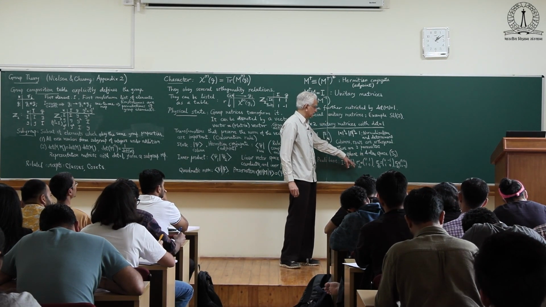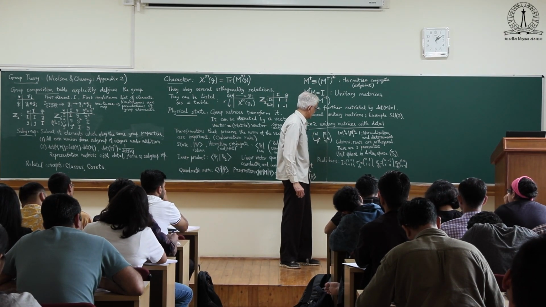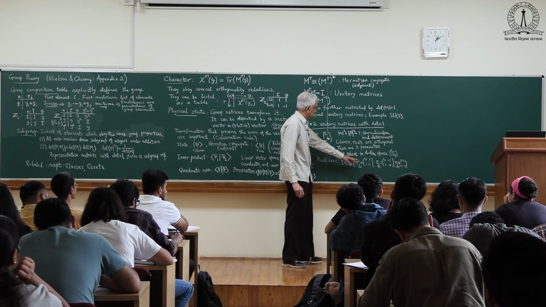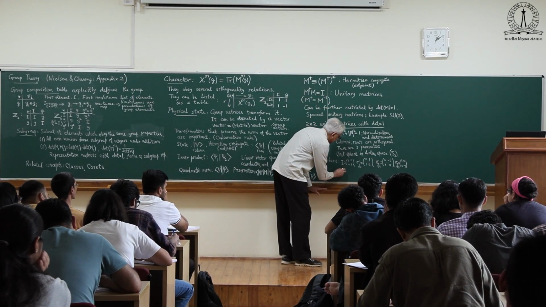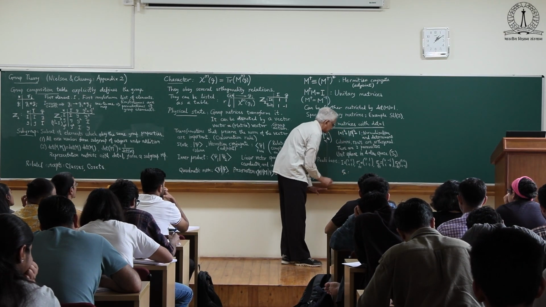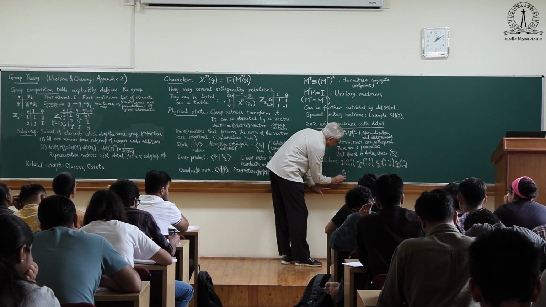Why did he choose this particular basis? There is a reason for it, and they have certain nice properties. So all these 4 matrices, I will denote with just mu equal to 1 to 4.